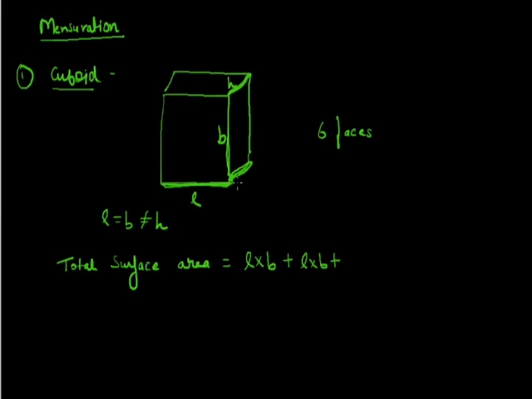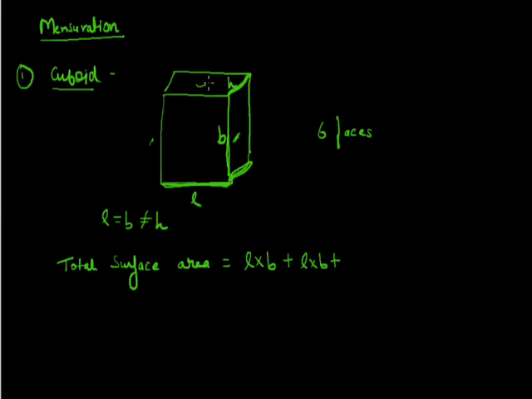Now in the same way, there are 4 more faces: top and bottom, which have the same dimensions, and 2 side faces, where opposite to each side face there is another face with the same dimensions. So opposite faces of the cuboid always have the same dimensions, and as they have the same dimensions, the surface area of opposite faces is also the same.